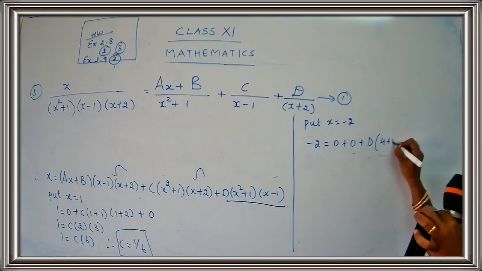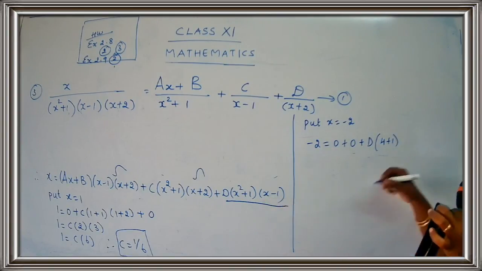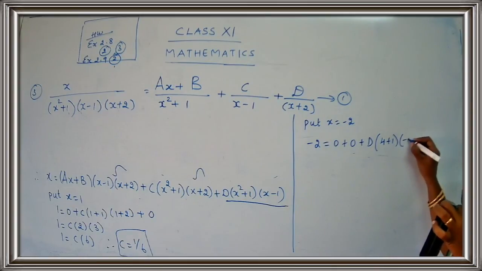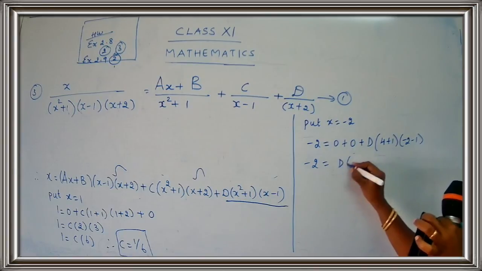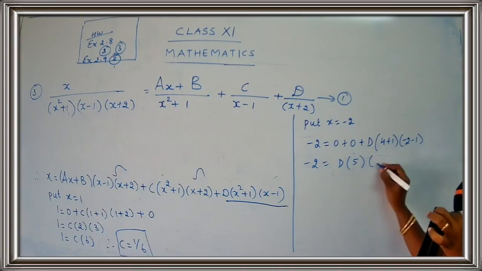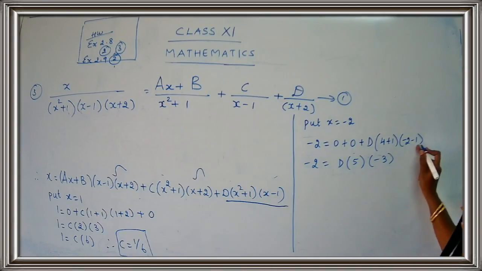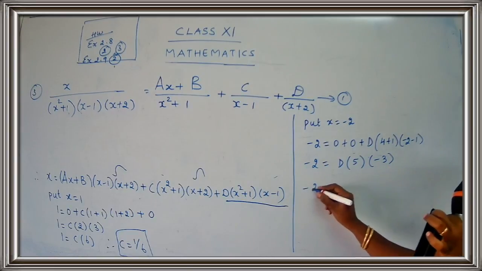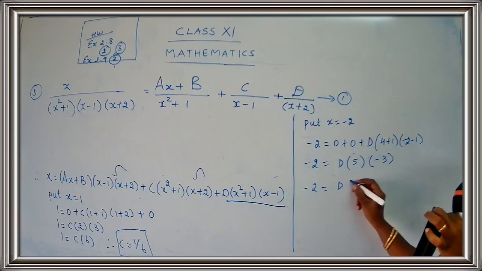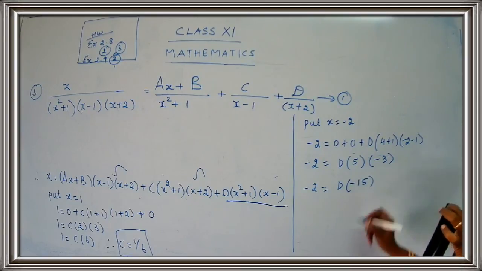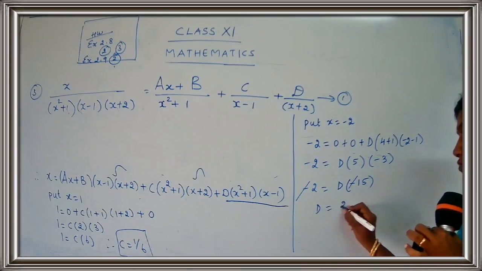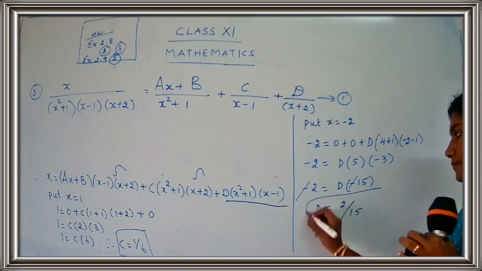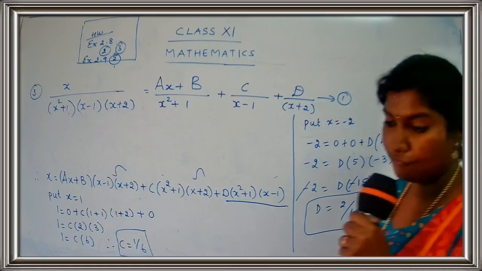So 4 plus 1, minus 2 minus 1. So minus 2 is equal to d into 5 into minus 3, that is minus 15. So we can cancel the minus sign. So d is equal to 2 upon 15. So we got the value for d.